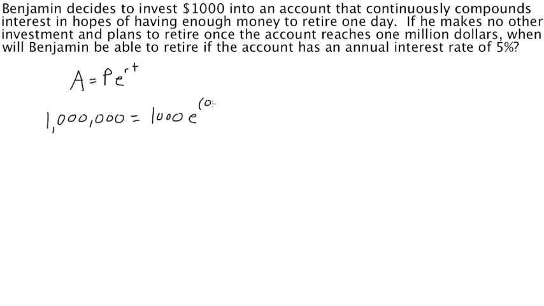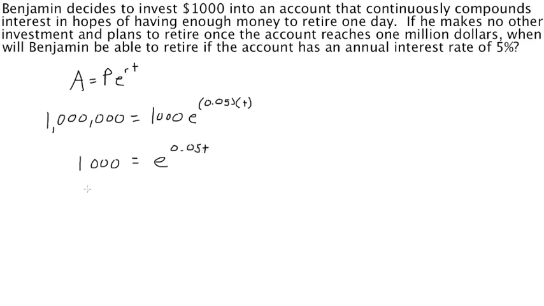So remember to put that in as a decimal, 0.05 times t. t is what we're trying to find, so just leave it as t. Okay, we want to get this e completely by itself. So let's divide both sides by 1,000. So when we do that, we're left with 1,000 on the left-hand side and e^(0.05t) on the right.